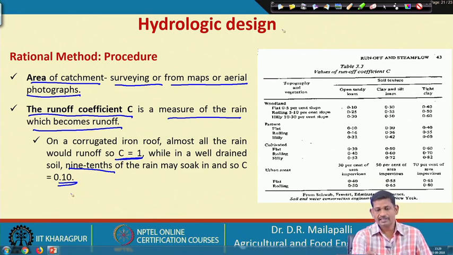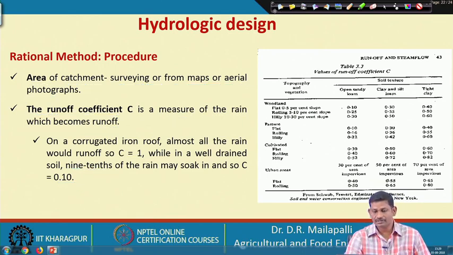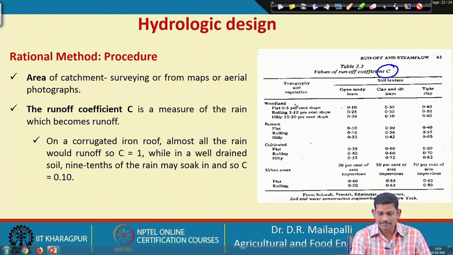Here there is a table you can use to find the runoff coefficient C. The table has the topography in column number 1: woodland, pasture, cultivated and urban area. So, there are different topography and vegetation in column 1, and the soil texture in columns 2, 3, 4.